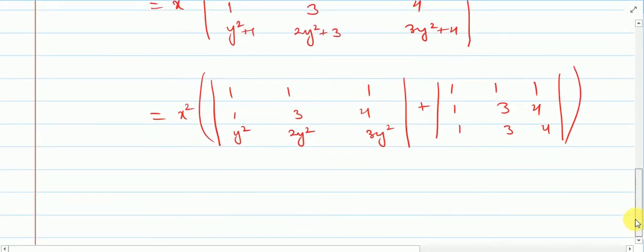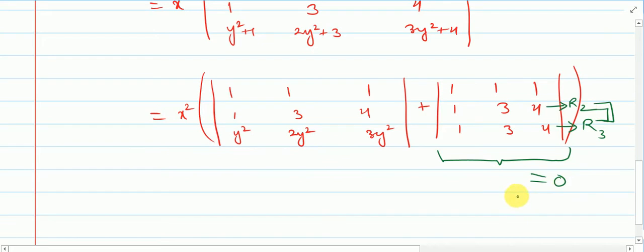But once I write as sum of two determinants, this will become 0. The reason is this row 2 and this row 3, they are equal. Okay, so I am getting this x square 1, 1, 1, 1, 3, 4, y square, 2y square, 3y square.